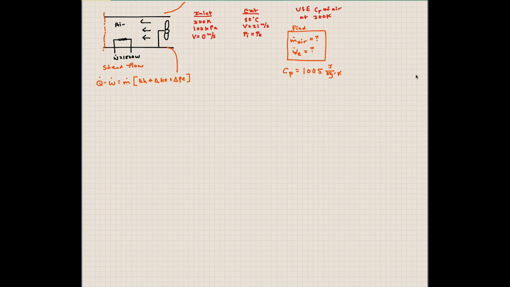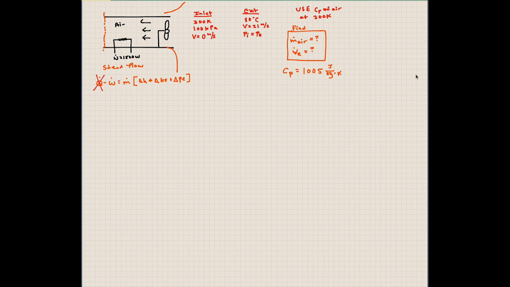Well, we'll assume that this duct here is adiabatic, that there's no heat losses through this duct, that all the heat that's going from this wire gets transferred to the air that's passing over it. So we'll assume that there's no heat transfer. Now, keep in mind, there's heat transfer from the coil to the air, but that's within our system, right? When we talk about Q, this Q is outside of the system. Is there heat going out of the system or into the system?